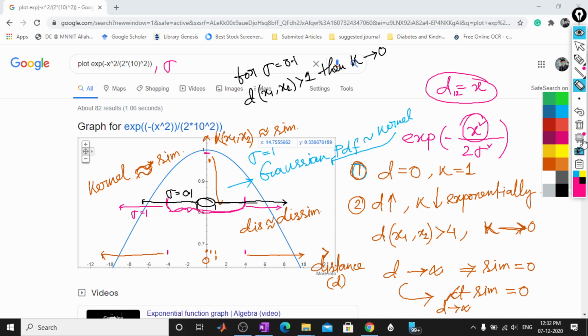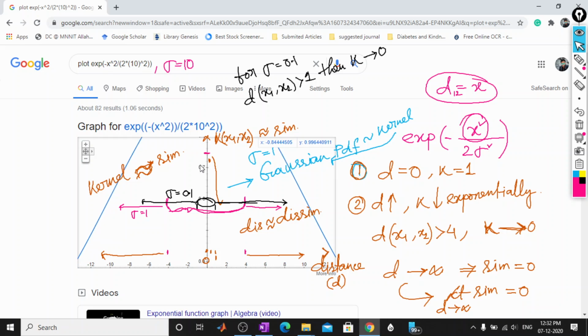If we use 10 here, I move this point, and this is the 0 function.